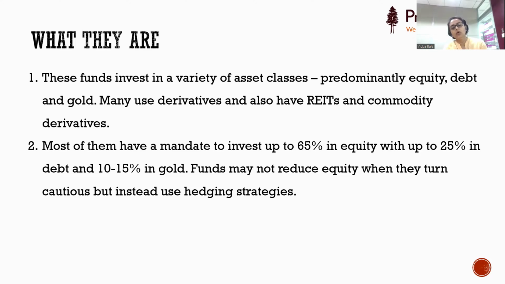You cannot go net selling, but if you already hold cash equity, you can hedge those. So that's what these funds try to do. Please remember, other categories of funds like balanced advantage and dynamic asset allocation, equity savings funds, and obviously arbitrage funds, all use hedging strategies.